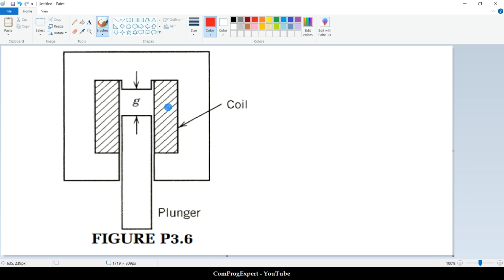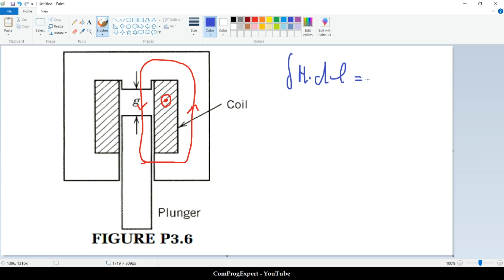So if we consider this direction for the current out of the paper, this will be the flux line in this case. Here again we can write this equation, integral of H dot dl equal to Ni. As you can see, we only have one air gap in front of this flux line. So H gap times gap is equal to Ni.